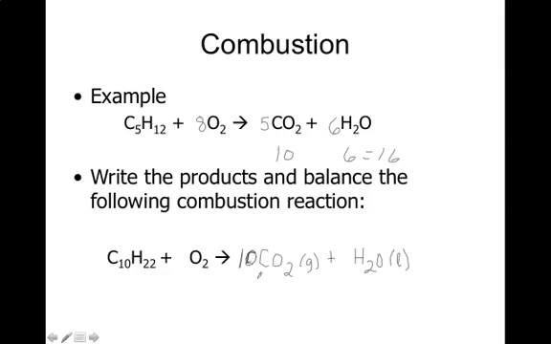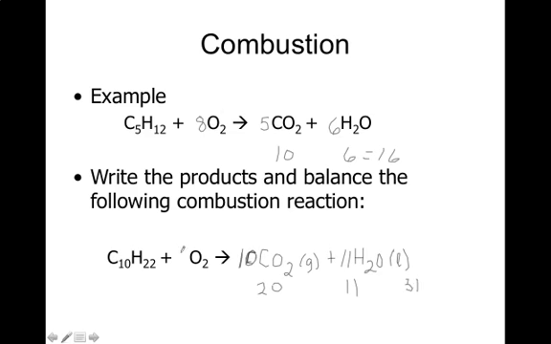Then we balance our hydrogens. We've got 22 hydrogens there, so we have to put 11 right here to have 22 hydrogens. So now we've got 20 oxygens here and 11 here, for a total of 31 oxygens. We've got to have 31 oxygens on this side.